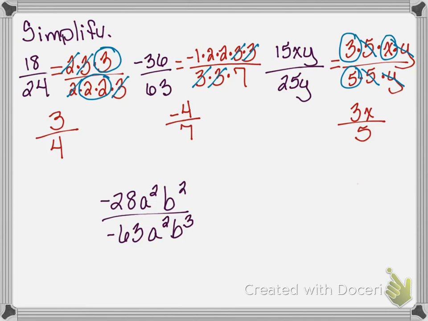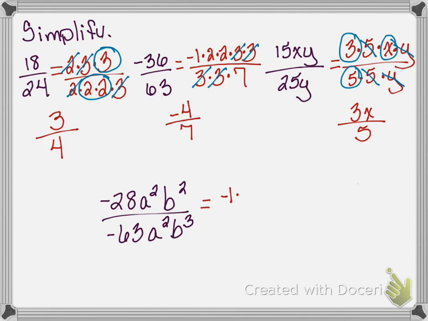Now we're getting into a little bit more complex. So I have -28a squared b squared over -63a squared b to the third. Okay? Now I'm going to go ahead and factor out a -1.